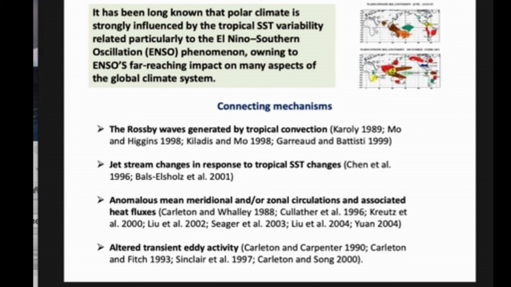Another thing is the atmosphere transient eddy activities and their distributions, particularly when your jet stream has changed and you have altered your storm distribution and eddy flux distributions. So these are the four we call the traditional mechanisms for tropical and Antarctic teleconnections.